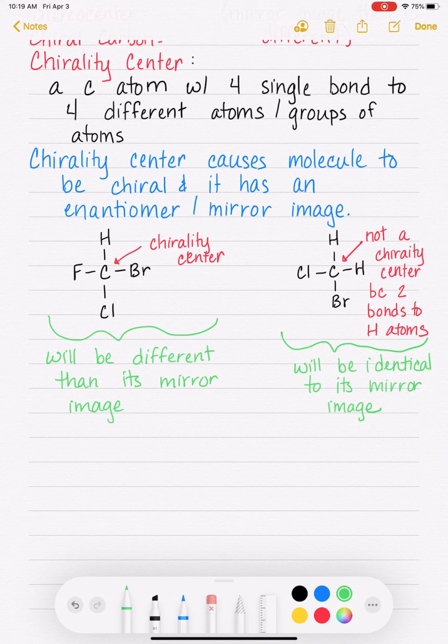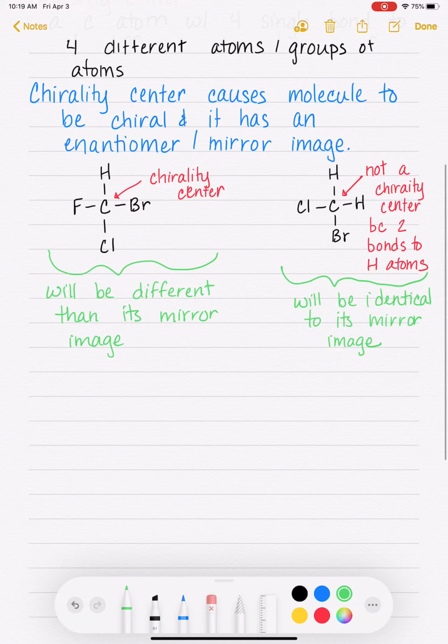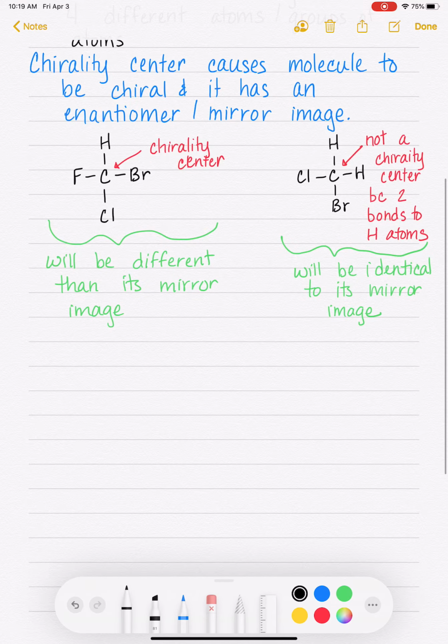When we have a molecule that has a chirality center in it, it is useful and normal for us to draw that molecule using the wedge and dash bonds that I showed you in the last video. In this wedge bond that looks like a triangle, we're using that type of bond to indicate that that atom, in this case the chlorine, is sticking up at us.